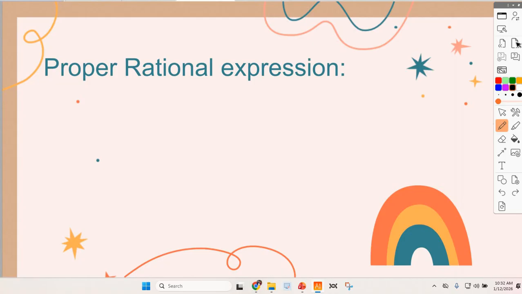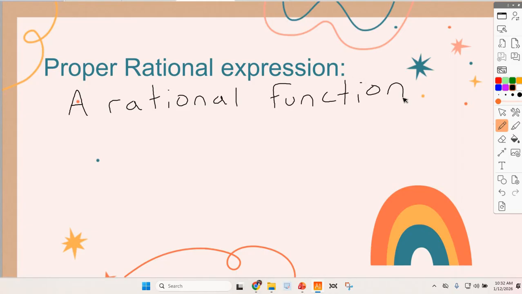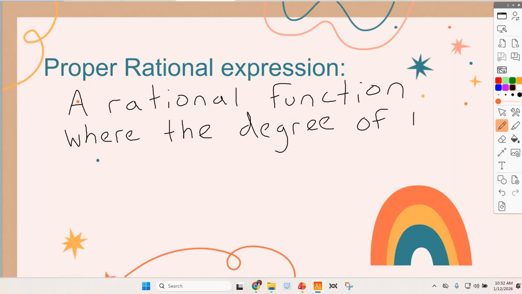So instead of just the number being smaller, when we're talking about a rational function, we're talking about a rational function where the degree of the numerator is less than the degree of the denominator.